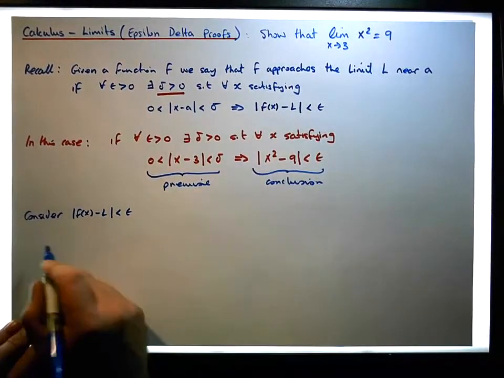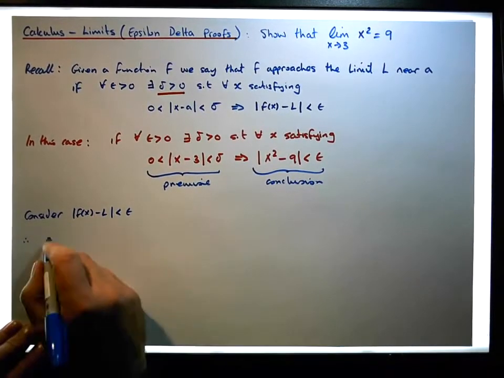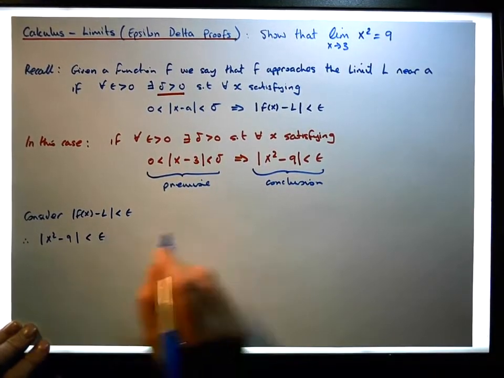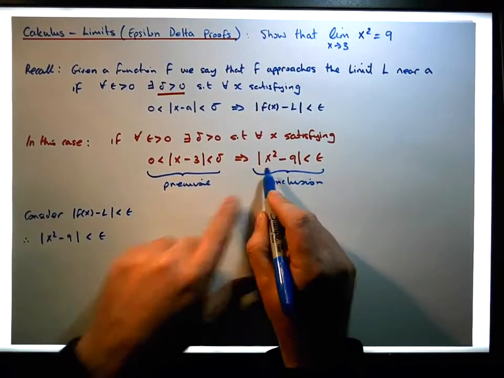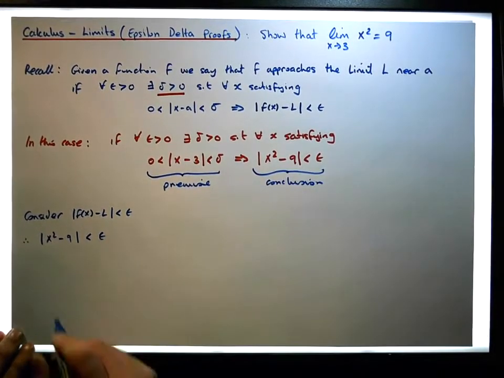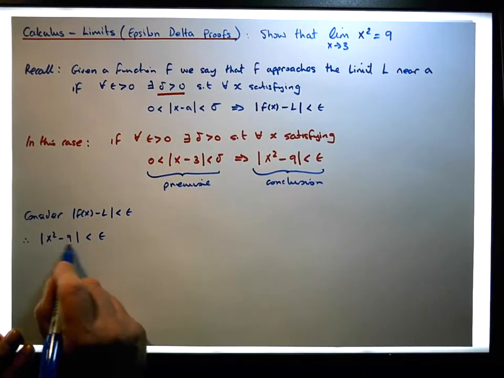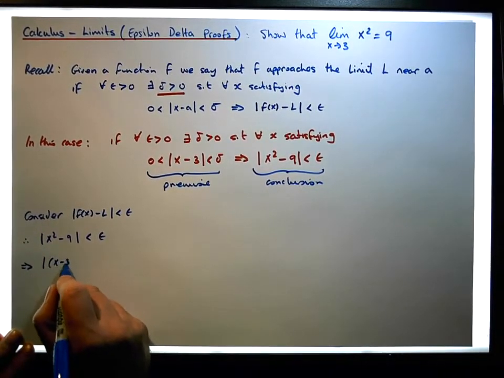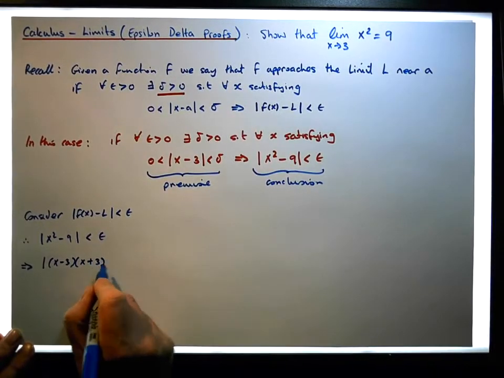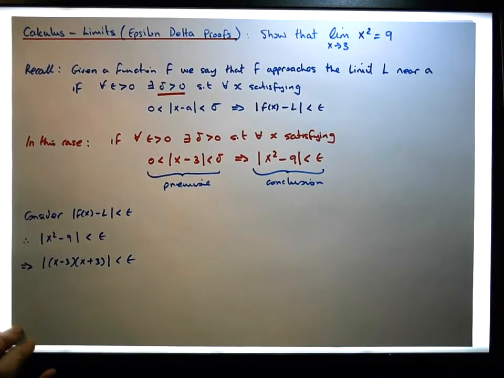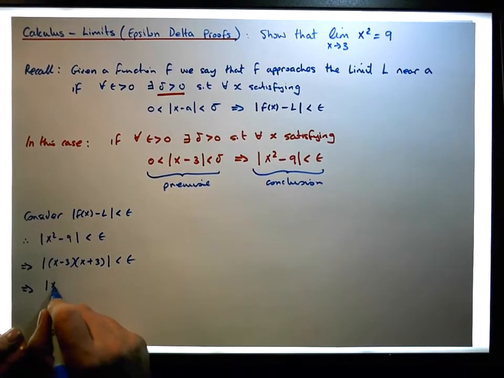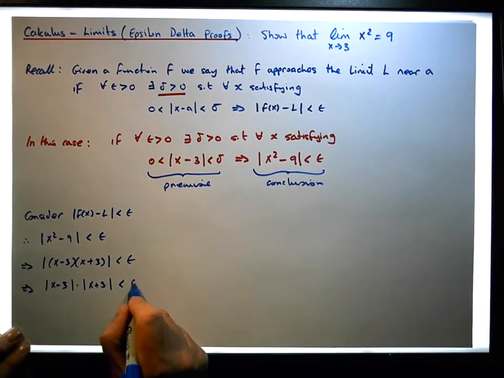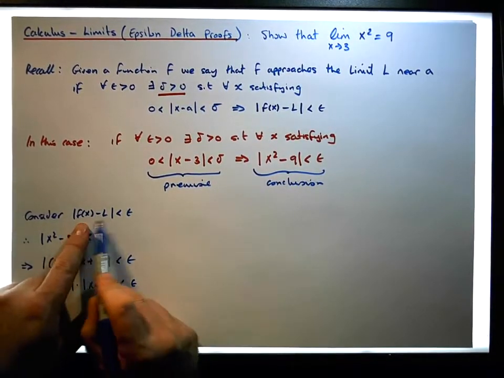From this, we have that |x squared - 9| must be less than epsilon. So x squared minus 9, which is f(x) - L, must be less than epsilon, and we can factor this quadratic. This implies that |(x - 3)(x + 3)| is less than epsilon, which implies that |x - 3| times |x + 3| is less than epsilon.